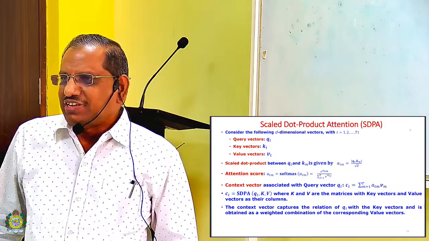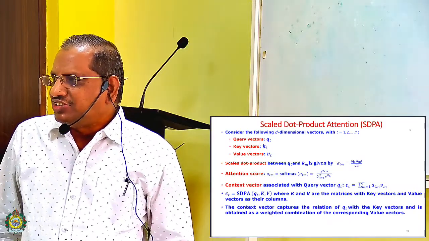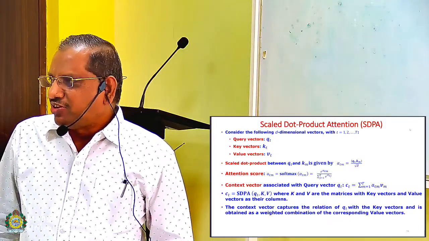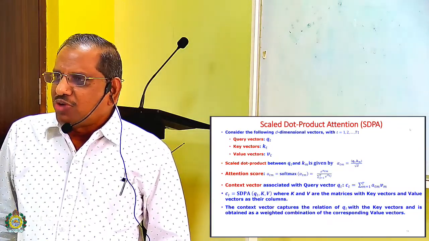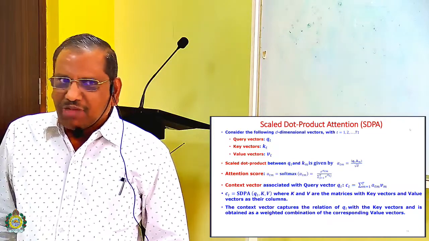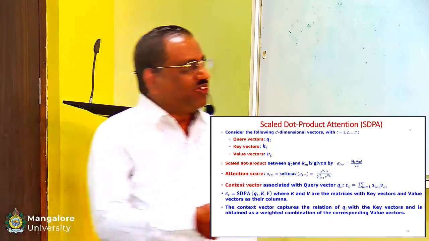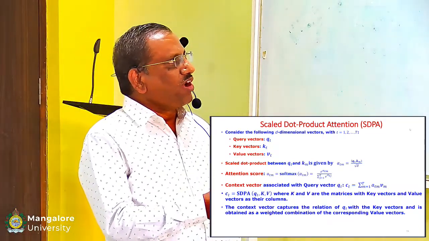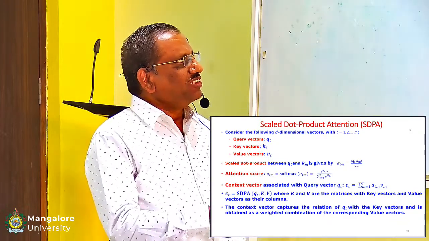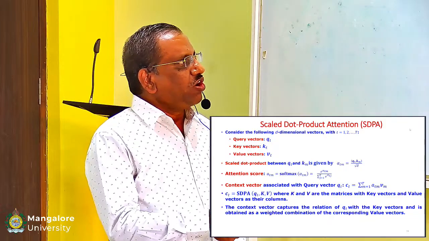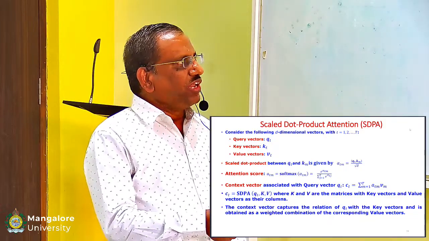The dimensionality of the vectors can change from one type of data to another, and you want the dot product to be independent of the dimensionality. So that's where the term dot product and scaling comes from. So this alpha tm is nothing but the scaled dot product between two entities, qt and km.